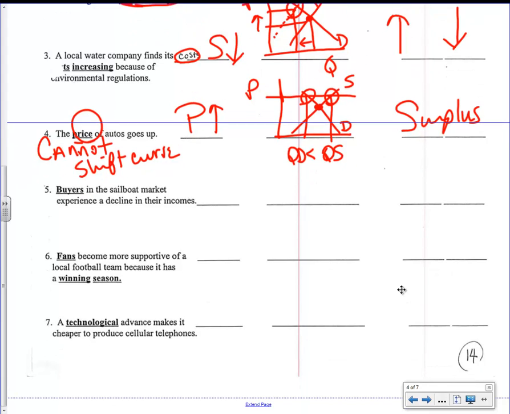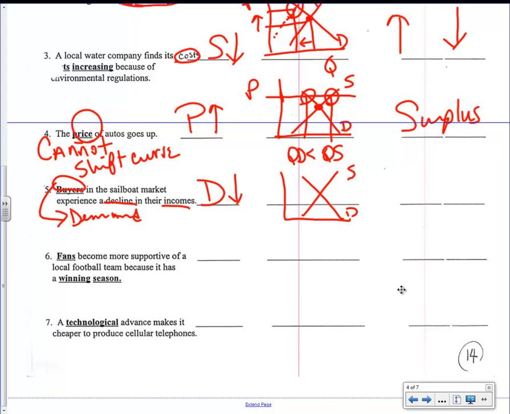Number 5, buyers. Buyers automatically means demand. Buyers notice that they have a decline in their incomes. So demand is falling. So if demand falls, supply, demand, price, quantity. Here's our original equilibrium.